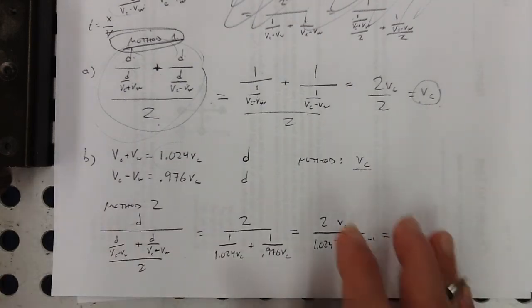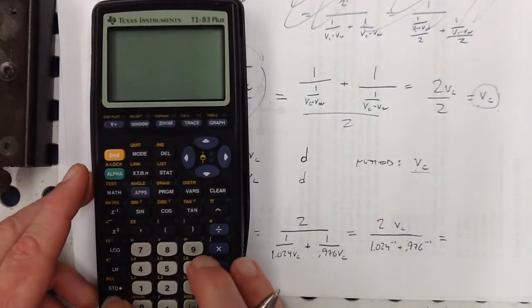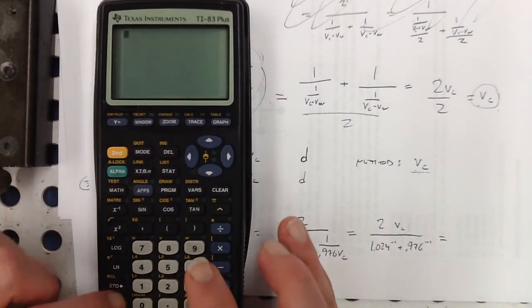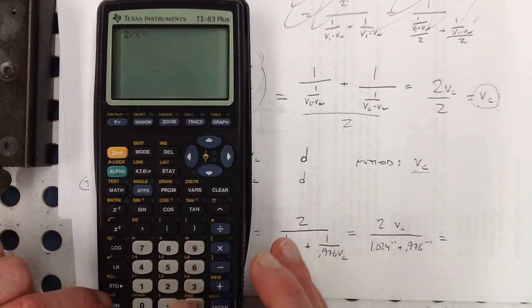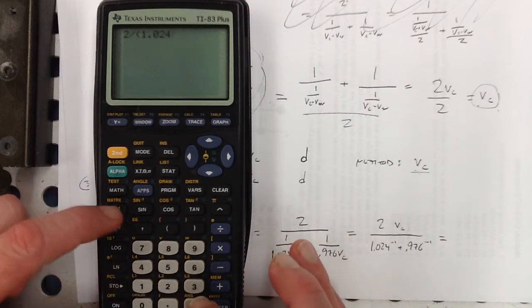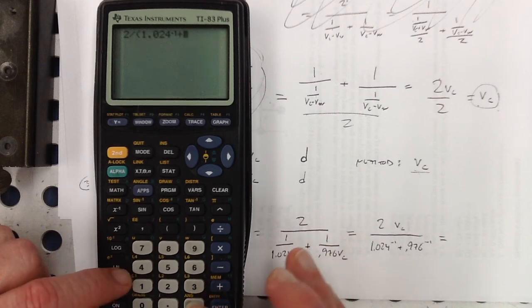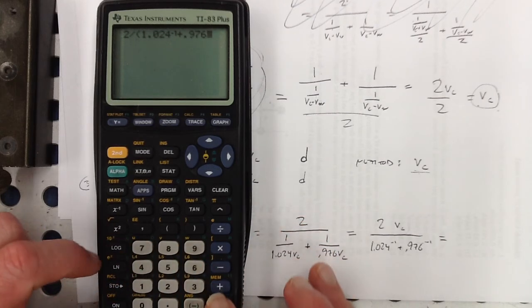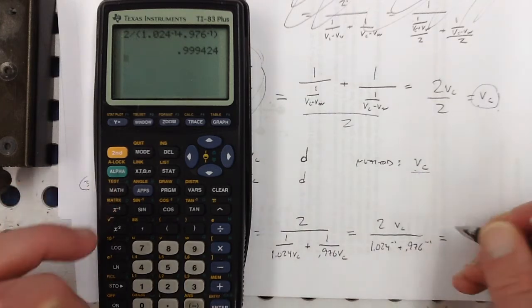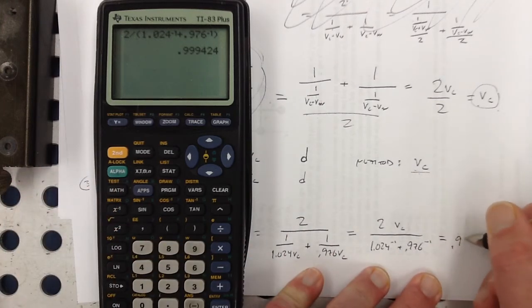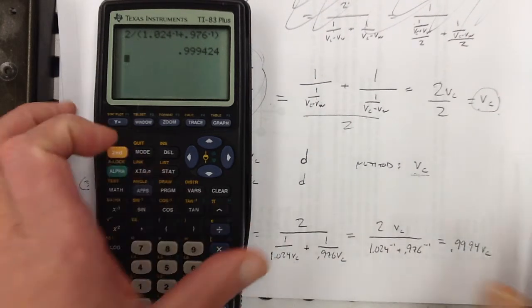All right, there we go. Now we're cooking. That gives us 2 over 1.024 to the negative 1 plus 0.976 to the negative 1. And that is 0.9994 VC.